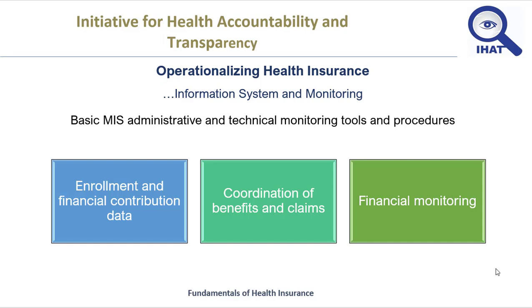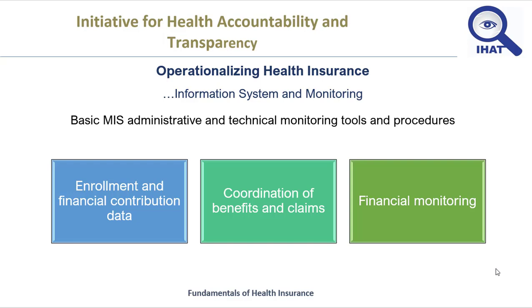An individual or family membership card should be issued with an identification number, the name, gender, and date of birth of each beneficiary. Other important information such as the beneficiary address, relationship to the household head, and occupation of each beneficiary should be collected and entered in the membership database.